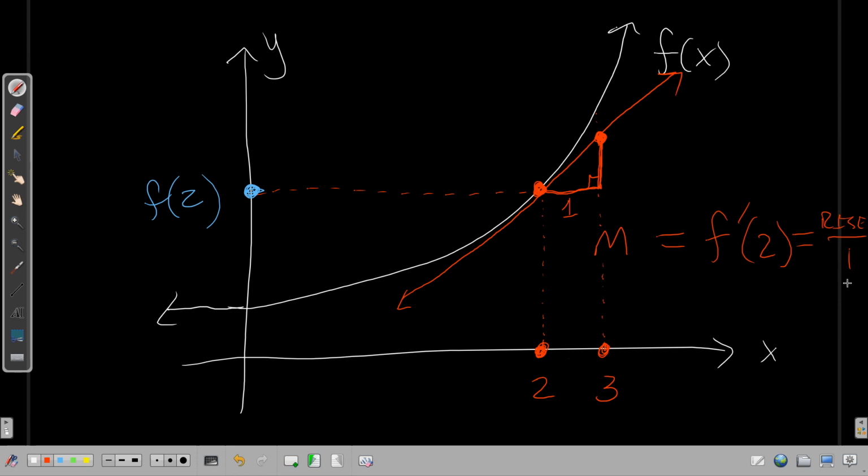And if the run is just 1, then you can see that the slope, which is f prime of 2, is the same thing as the rise, because the rise over 1 is just the rise. So that makes this rise right here be f prime of 2.